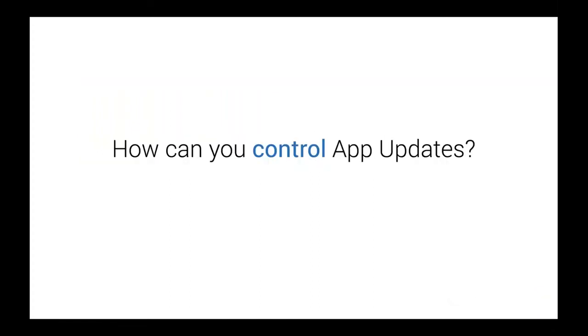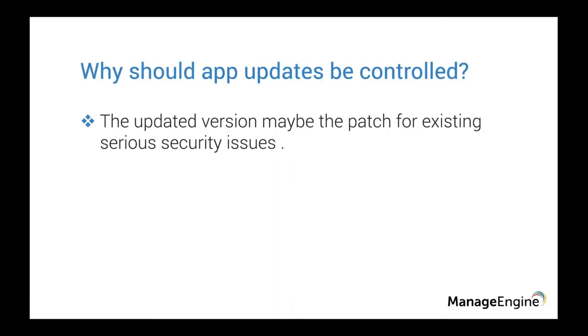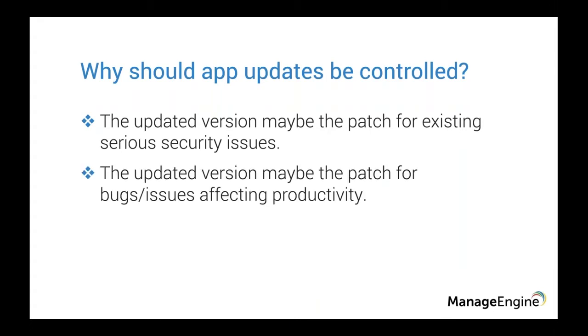So, how can you control app updates? Before we see how we can control app updates using the MDM server, let's understand why one would need to control these app updates in an organization setting. The updated version may be a patch for existing security issues, right? And sometimes the updated version may be a patch for bugs or other issues affecting productivity.